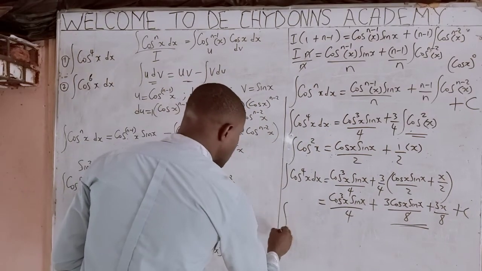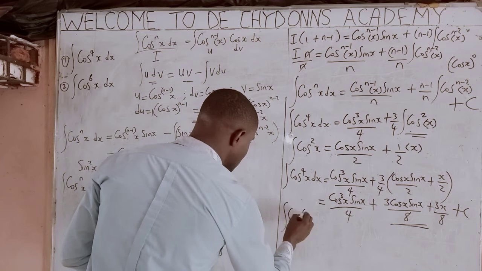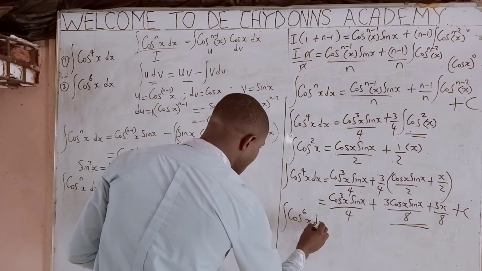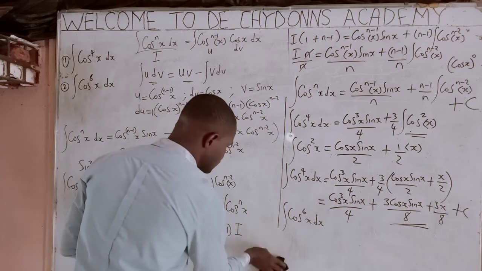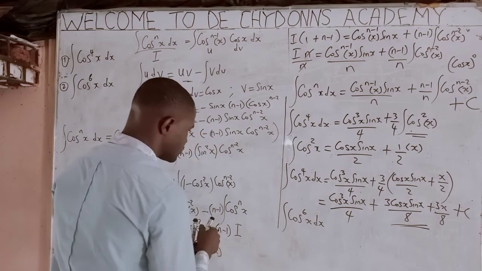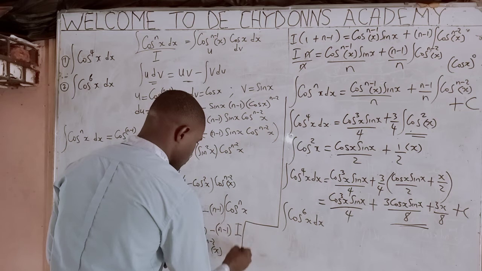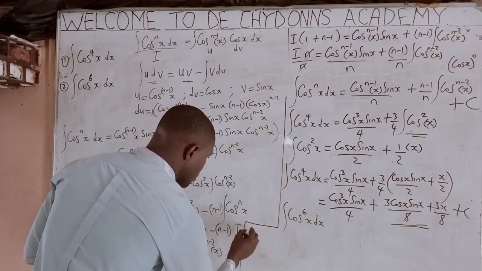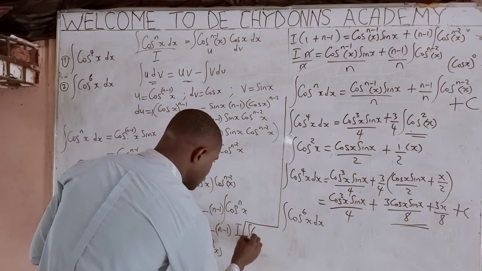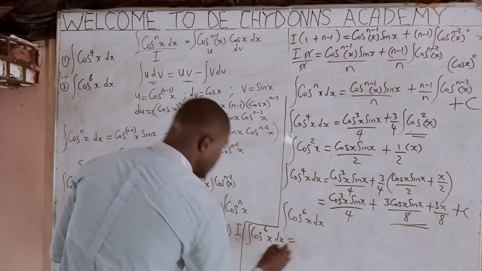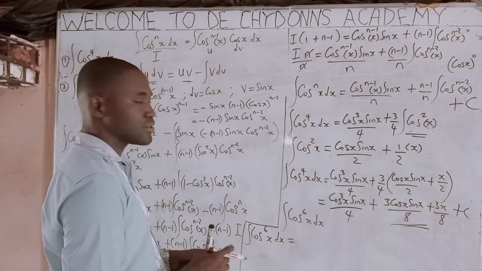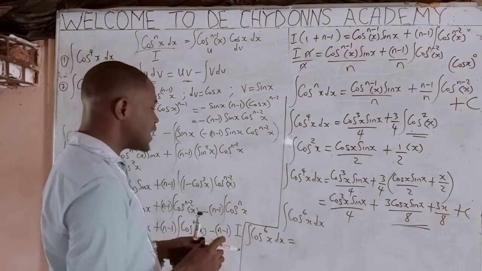Then what of integrate cos^6 x dx? To integrate it, here your n will be 6.